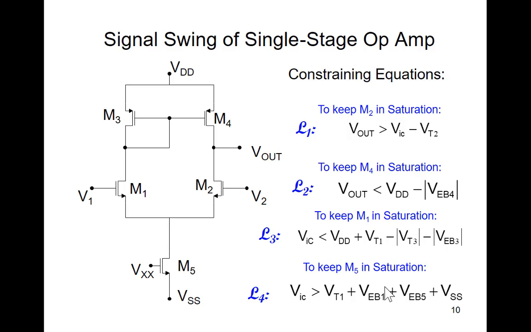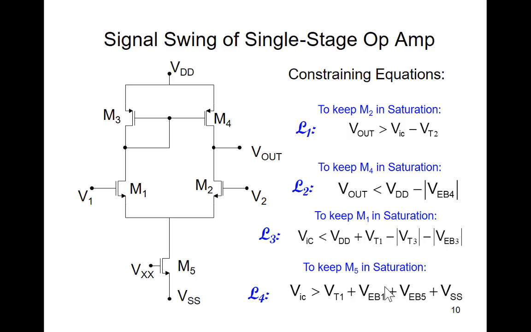To keep M4 in saturation, the magnitude of VDS has to be less than VGS minus VT. The magnitude of VDS is going to be VDD minus Vout. It has to be bigger than the magnitude of VGS minus VT.